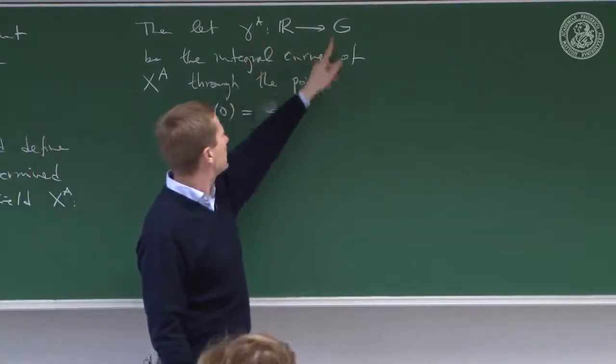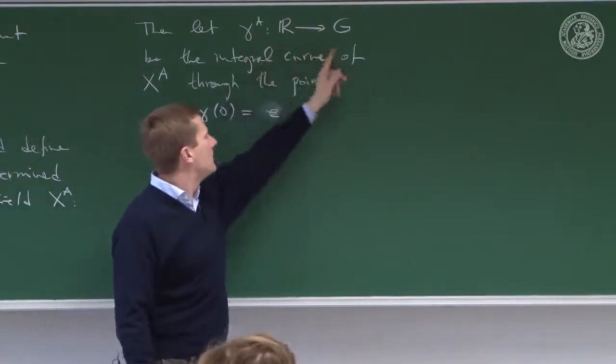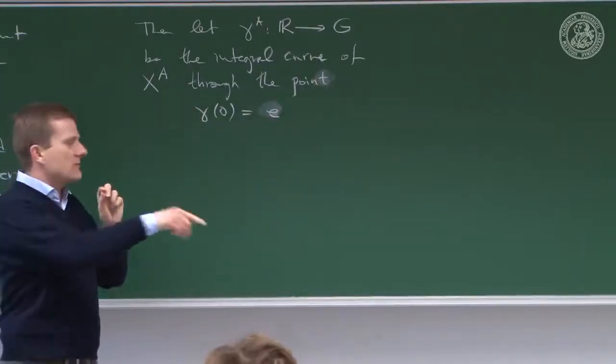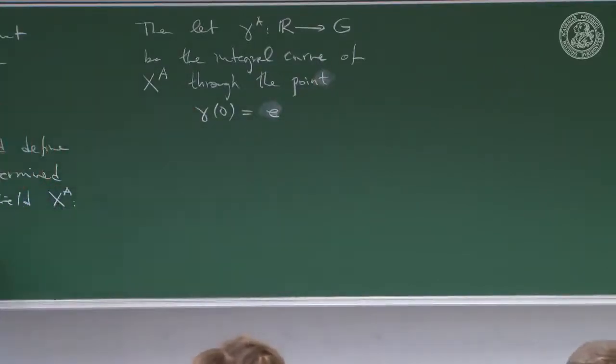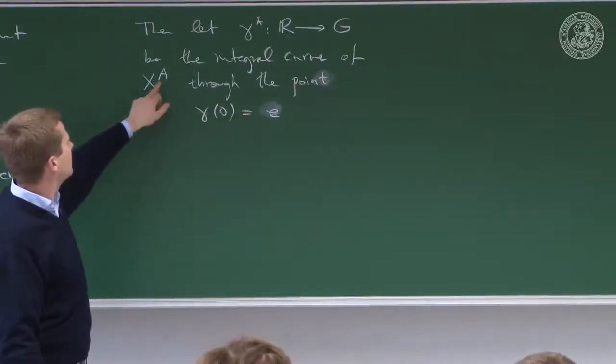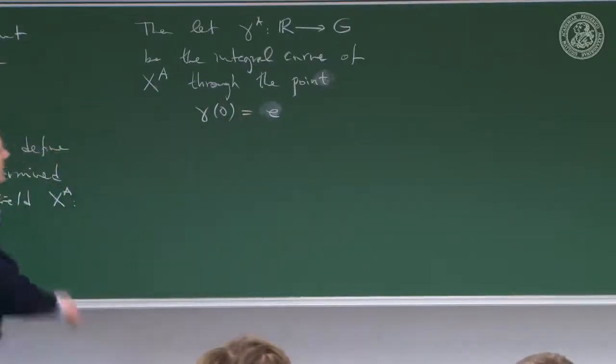Okay, it lands in the group, so I can say at parameter value 0, I want to be at the identity, and how do I go on from there? Well, it depends in which direction my A points, and then I just follow an integral curve of this left invariant vector field through that point.